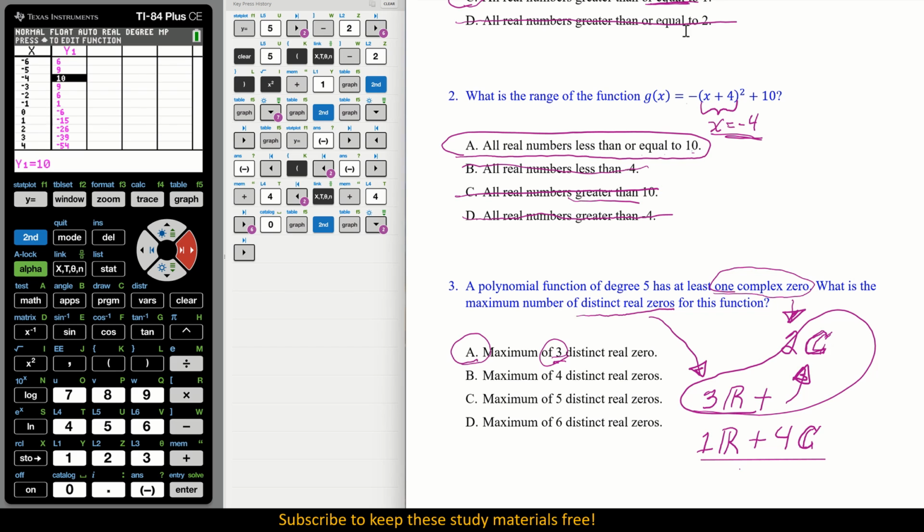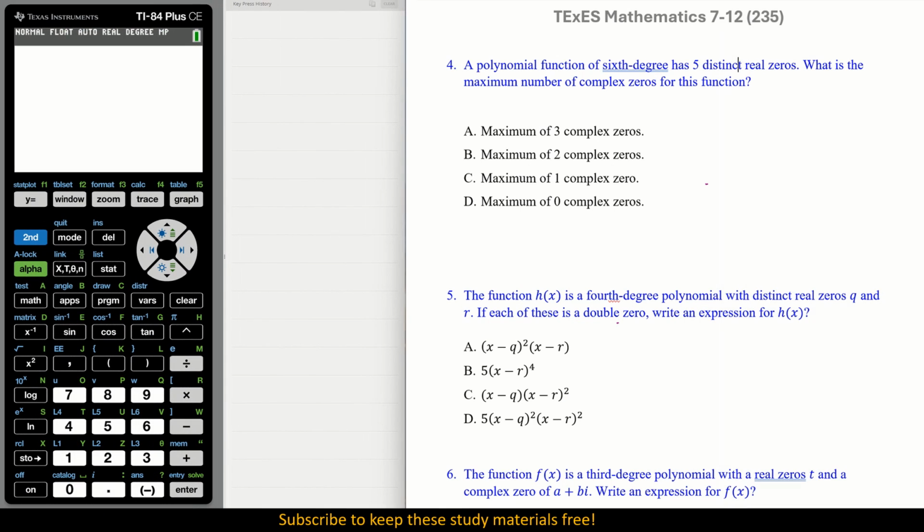All right, let's go to number 4. Number 4, a polynomial function of 6 degree has 5 real zeros. What is the maximum number of complex zeros for this function? Well, the first thing, if you remember, we just talked about it. All complex zeros must come in pairs.